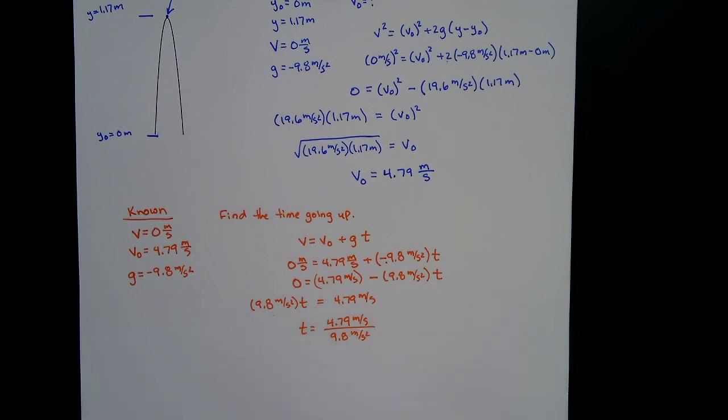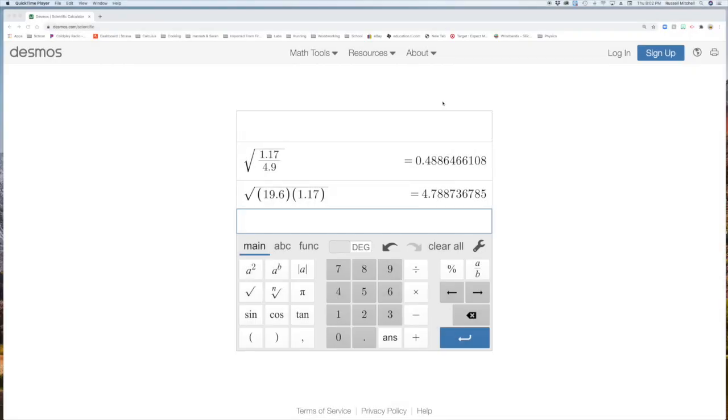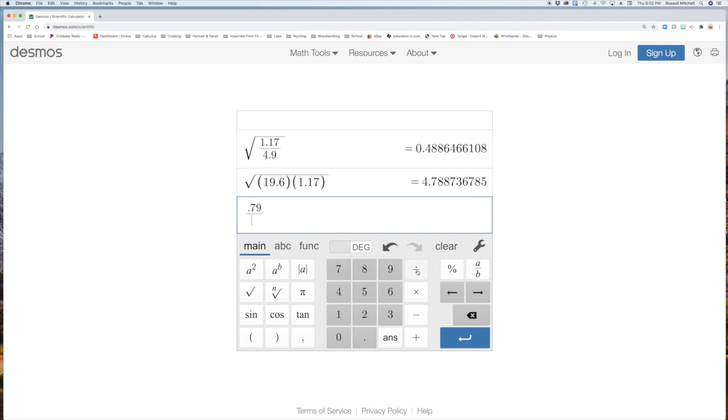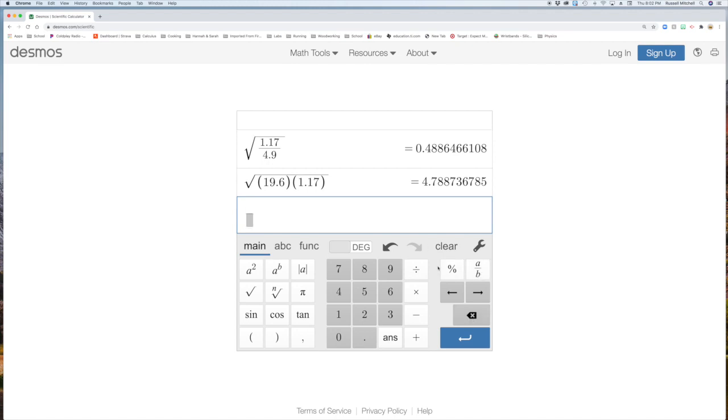I'm going to go to Desmos now and put that in, and we'll figure out what that is. We want to divide 4.79, and, I made a mistake there, so we can get the fraction first, okay? And then 4.79 divided by 9.8.